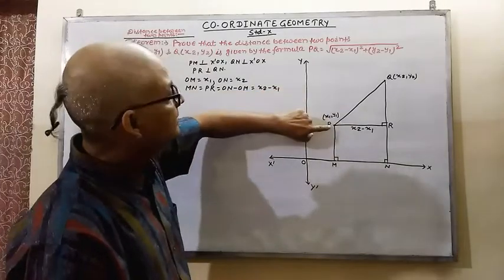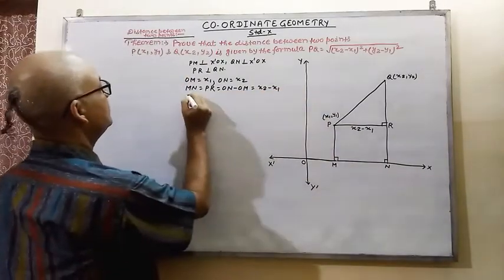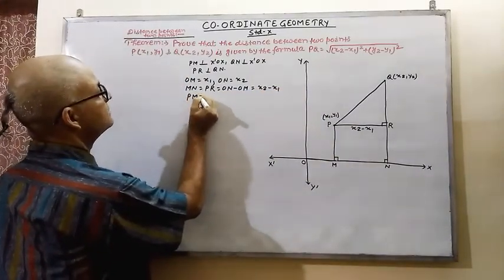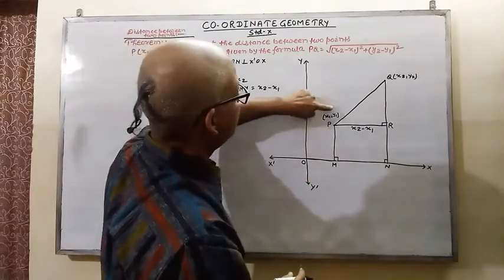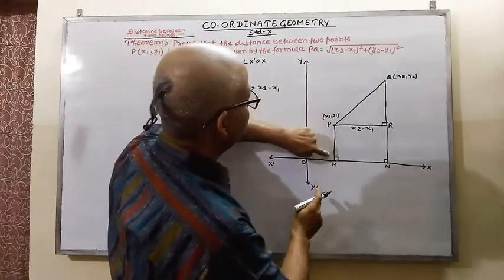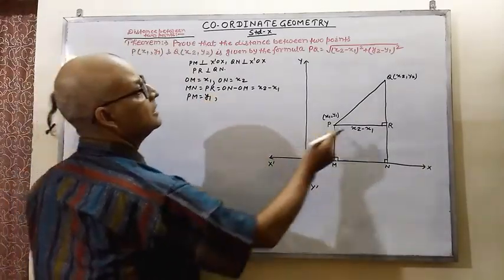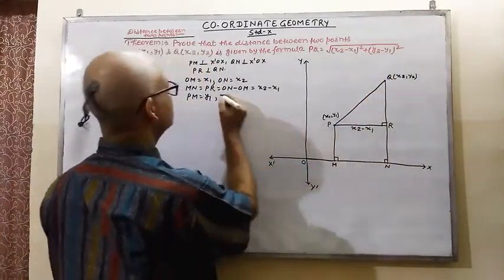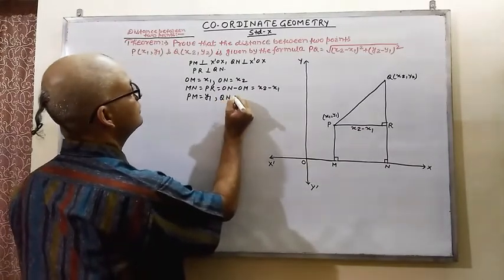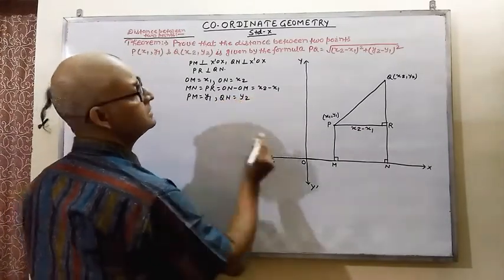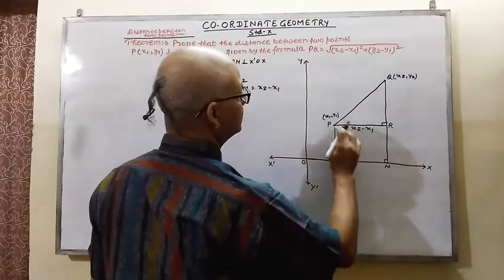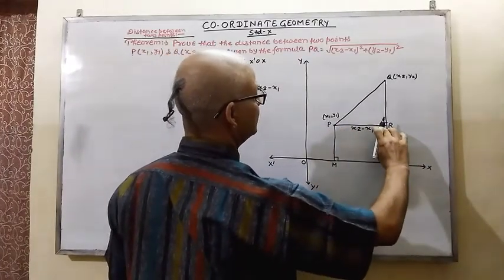Similarly, PM is equal to how much? This coordinate is x1, y1. It means this PM is y1. QN is equal to y2. Therefore, QR. Now, PM and RN are equal.